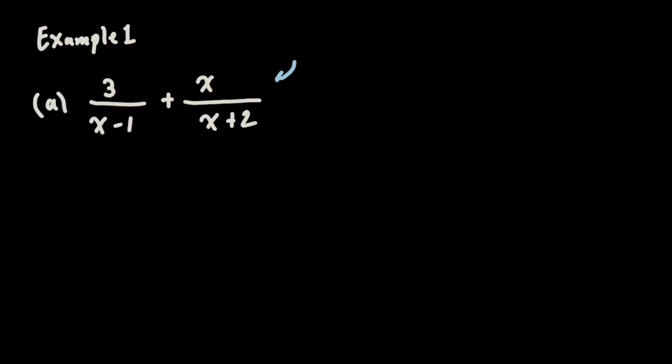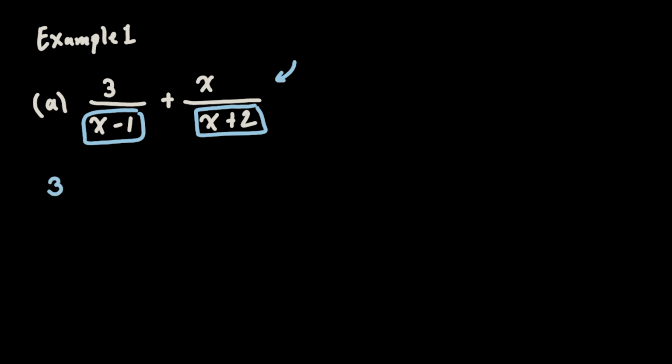So we want to simplify this expression here. As you can notice, here we have x minus 1 and here we have x plus 2. So the denominators are not common, so we have to make them common first.